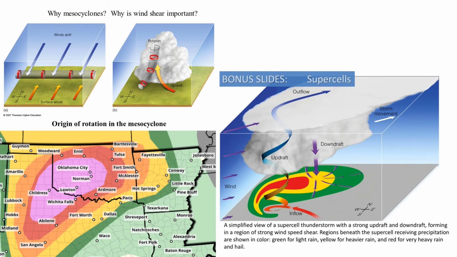A pre-existing boundary, such as an old gust front, may also supply the surface air with horizontal spin that can be tilted and lifted into the storm by the updraft. The air rushes upward and spins around the low pressure core of the vortex.